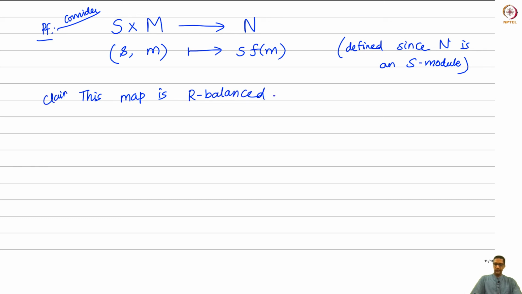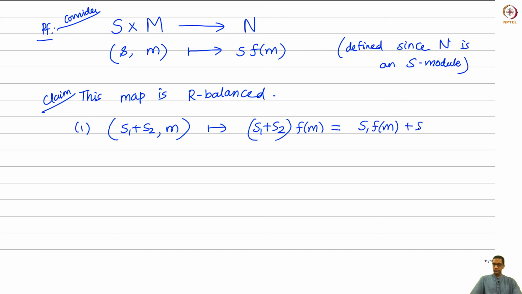Why is that? Property 1: if I take (s1 plus s2, m), that goes to (s1 plus s2) acting on F(m), but that will split into two because N is an S module, by the S module axiom.